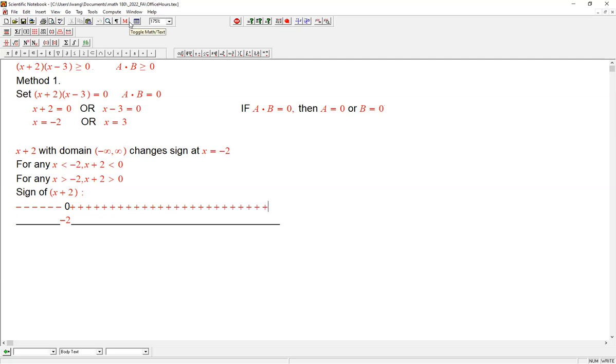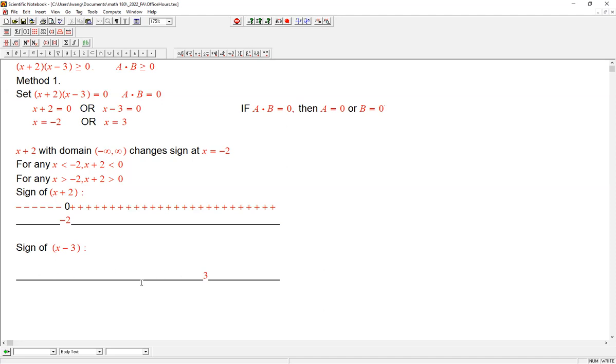You probably saw this in the lecture. The same thing is true for X minus 3. The only difference is that the sign changes at positive 3. So we look at the sign of X minus 3. Once again, we have a number line, and on this number line there's the number 3.